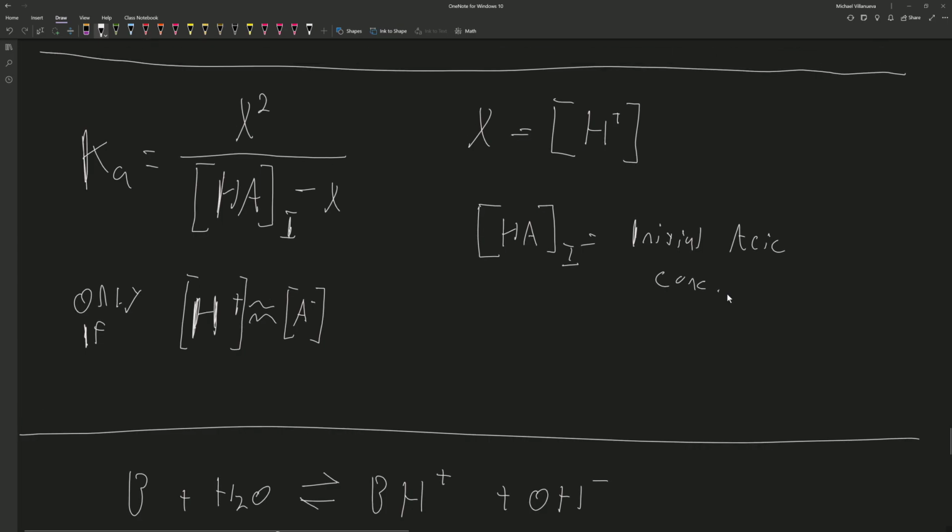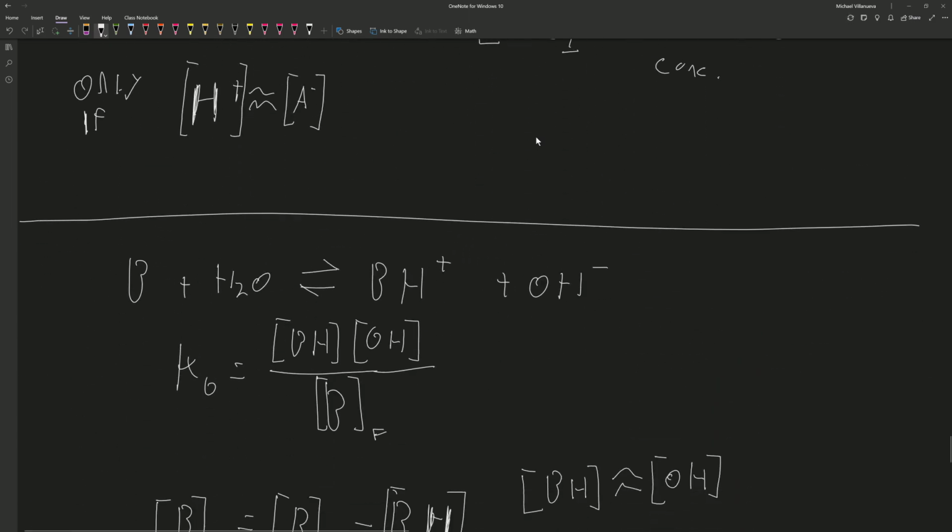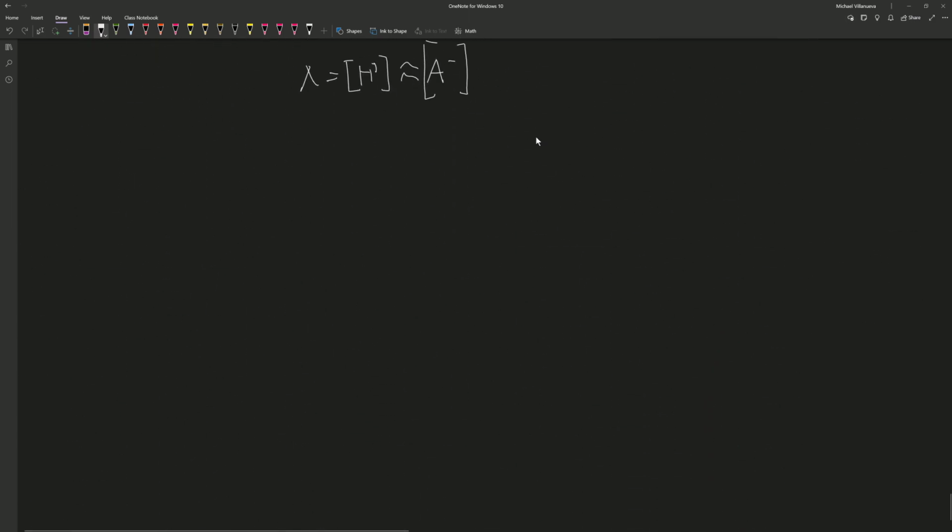We have a value for this problem. Let's use the 6.8, which is the hydrogen concentration. So let's use 6.8 times 10 to the negative third all over 0.050.